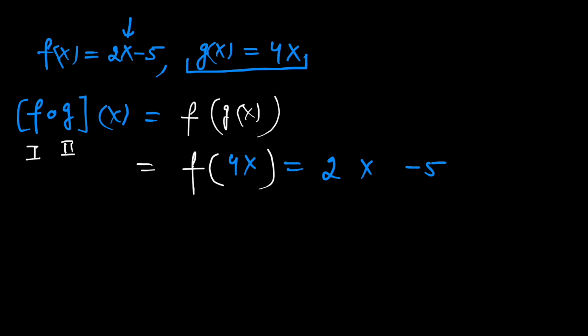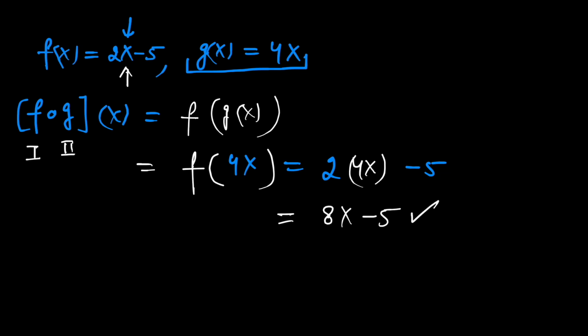But now, in place of x, we have a new x. And what is our new x? Our new x is 4x. So in the f function, I replace this letter x with the new x, which is 4x. Okay, and now we have to solve it. 2 times 4x is 8x minus 5. So this is the answer to this particular question.